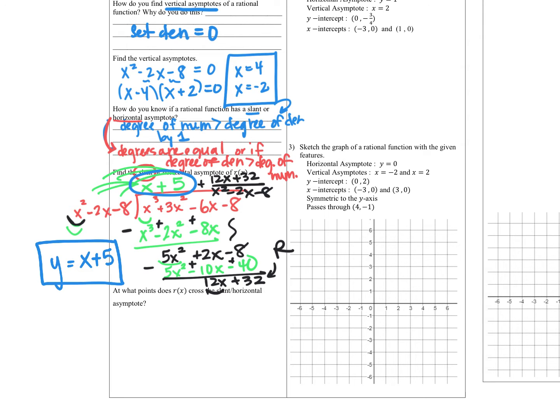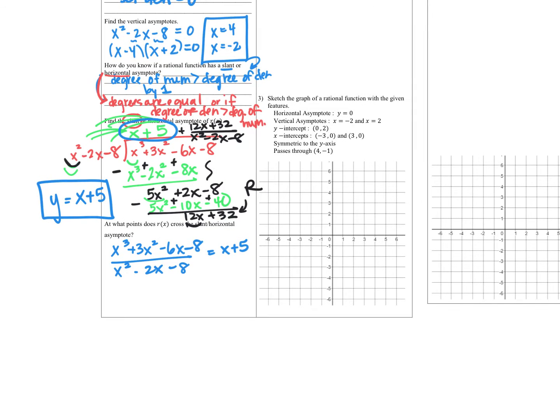The next question says, at what points does r of x cross that slant asymptote? So really that question is, does our original function, which was x cubed plus 3x squared minus 6x minus 8 over x squared minus 2x minus 8, ever equal that x plus 5? To solve this, I would want to clear out that fraction.